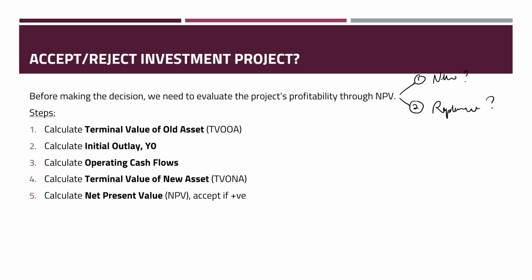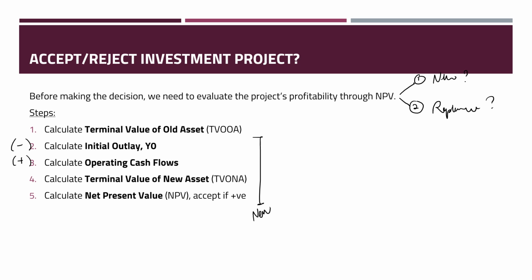If it is a new project, it is fairly straightforward, as we begin by calculating the amount of money we spend to acquire that project. This is money out. Next, we calculate the operating cash flows, which is money that comes in throughout the duration of that project. Next, we calculate the terminal value of the new asset.